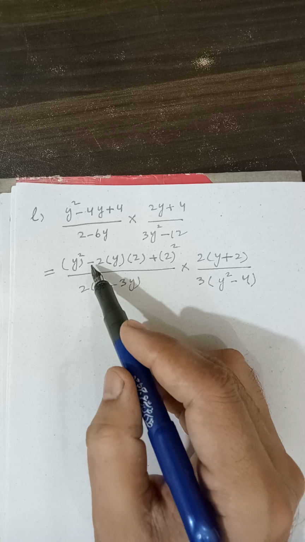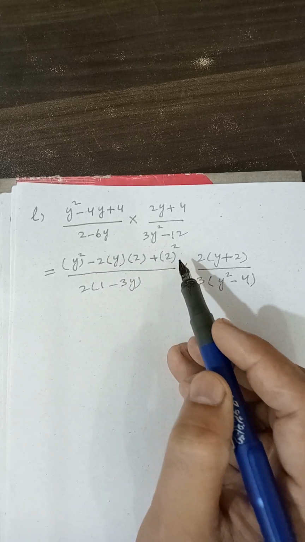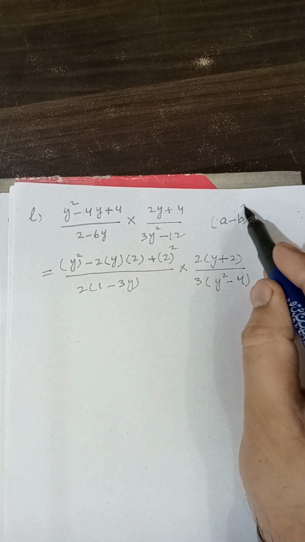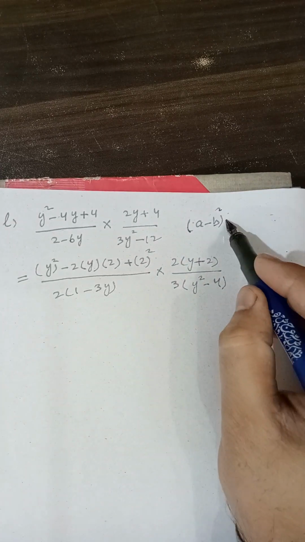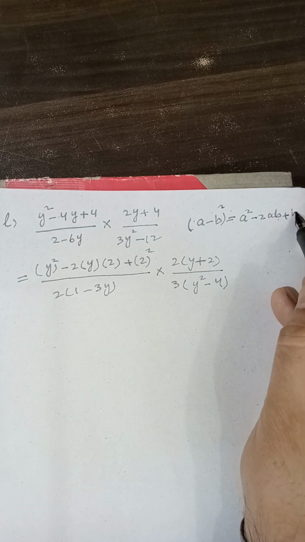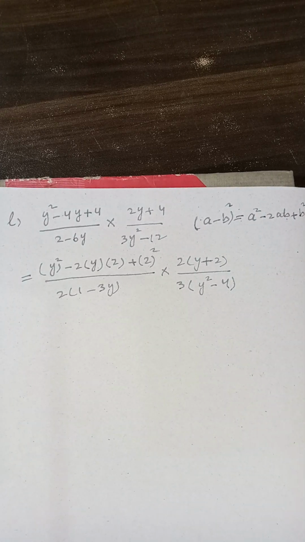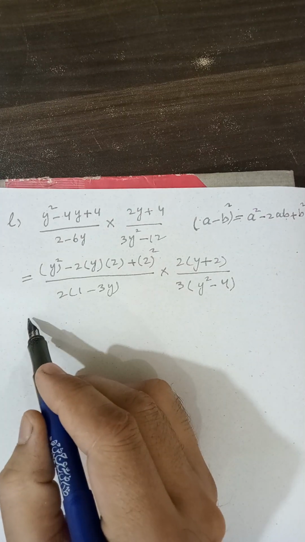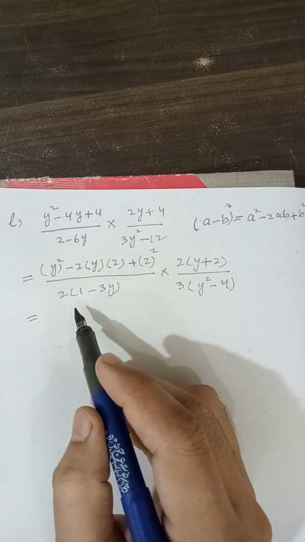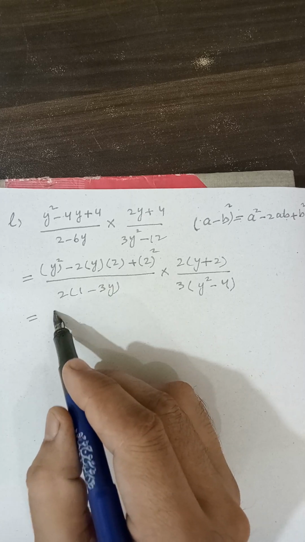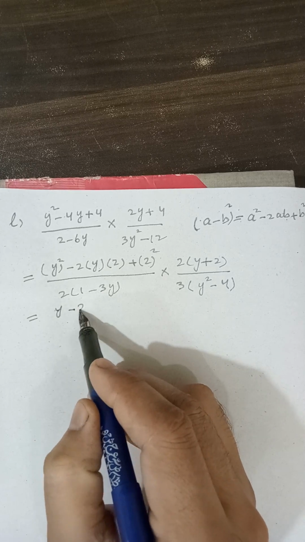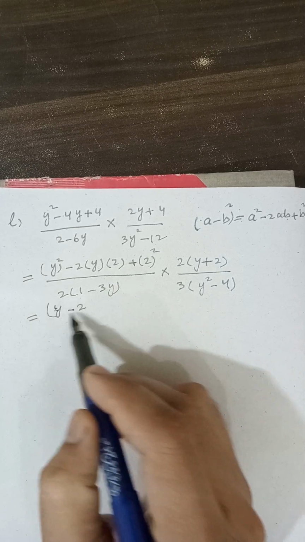You see here, a square minus 2ab plus b square, this is the identity: a minus b whole square is equal to a square minus 2ab plus b square, and now you know that this whole identity is enclosed like this, so write it as a minus b whole square, minus 2 whole square.